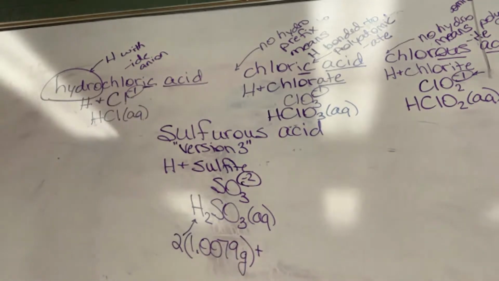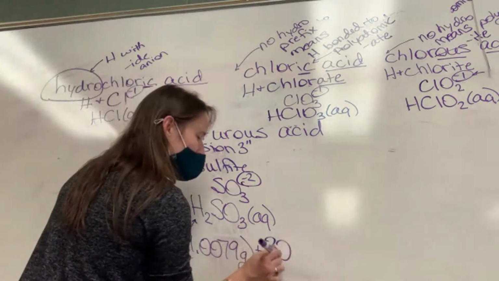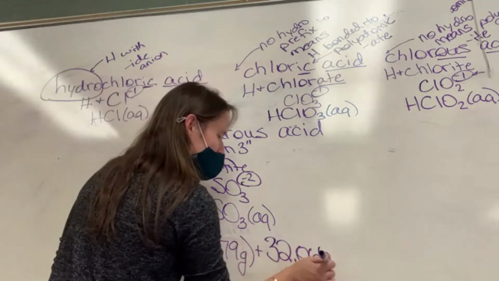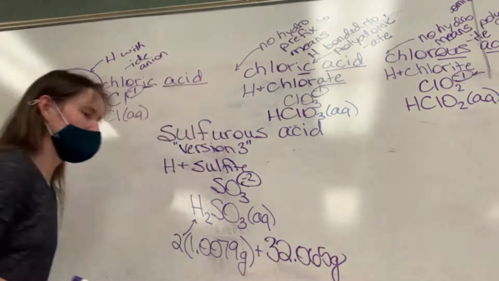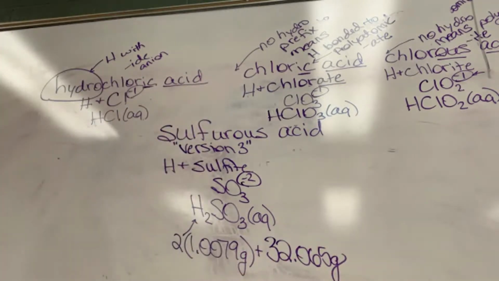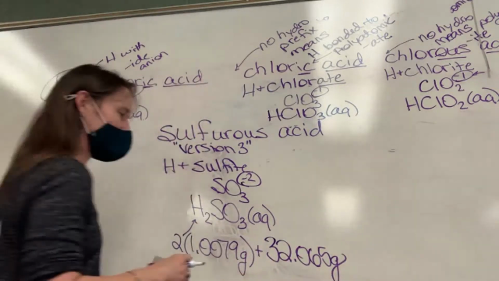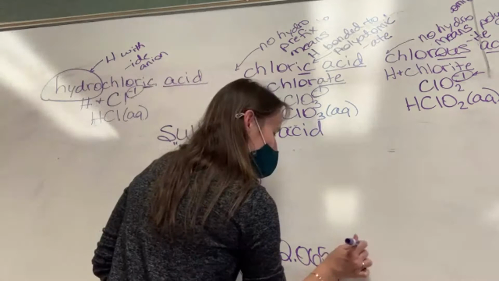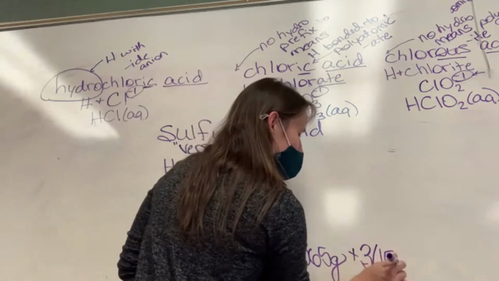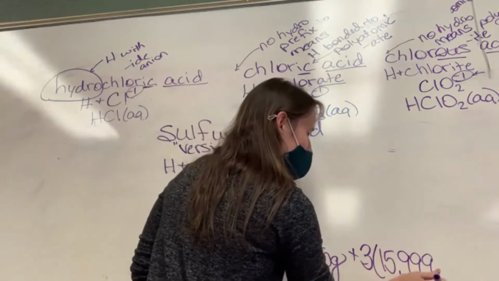Then you're going to add it to sulfur. Underneath sulfur, it says 32.065 grams. That's the average atomic mass of sulfur. And there are 3 oxygens here. The average atomic weight of oxygen is 15.999 grams.